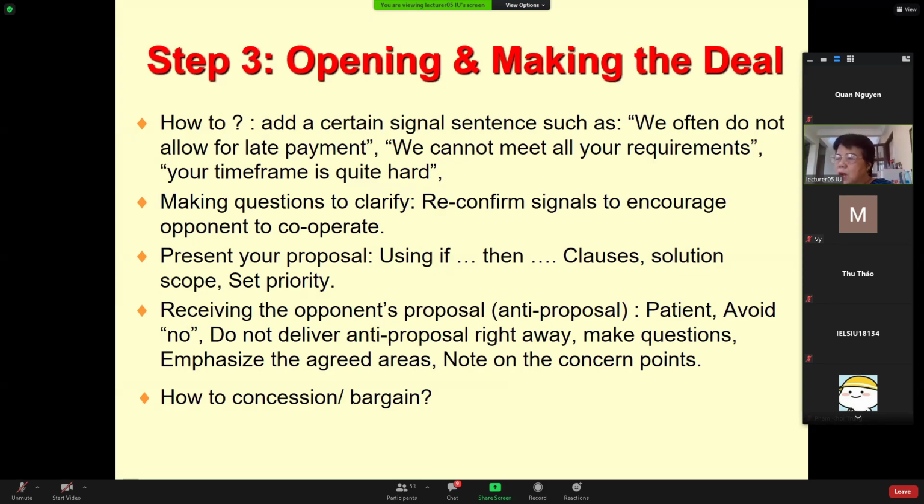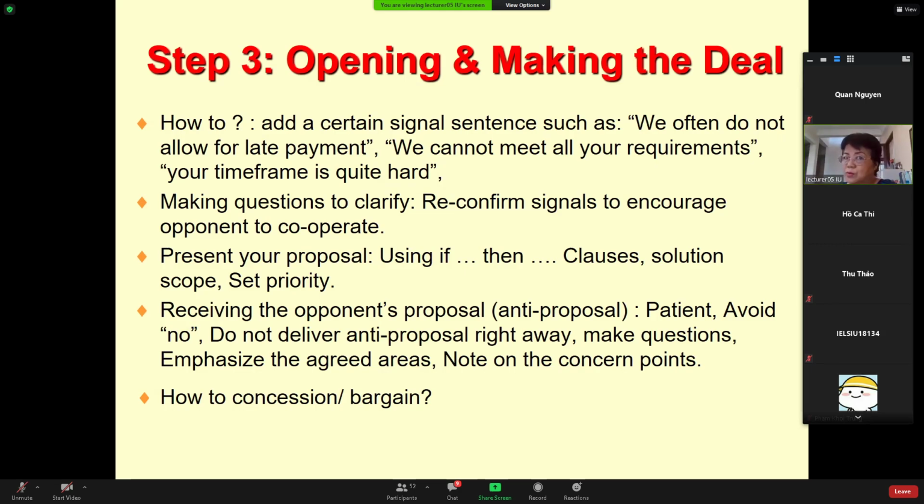We talk about bargaining, and we come to the compromise, and then we talk about the threat. However, opening and making the deal is another tactic of step 3 in the persuasion technique.